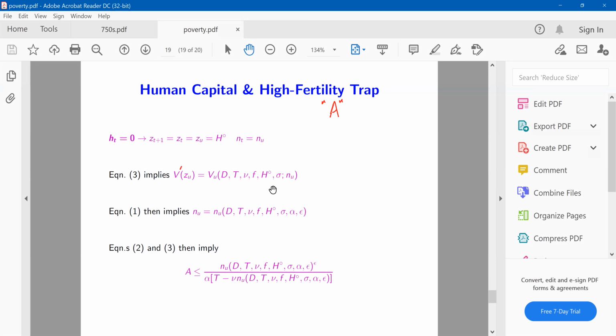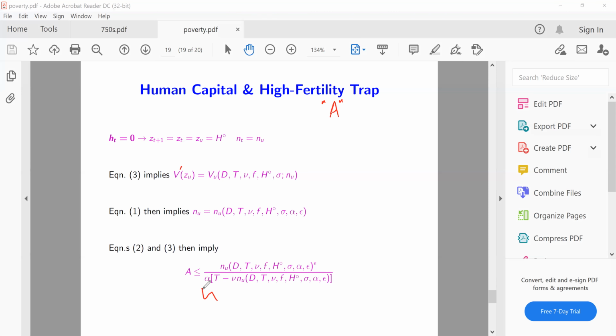Then, if you put these things into inequality 2, you get this result, okay? So what does it tell you? It tells you that if you denote this whole thing by, let's say, a threshold, you understand that there is a threshold of A, right?